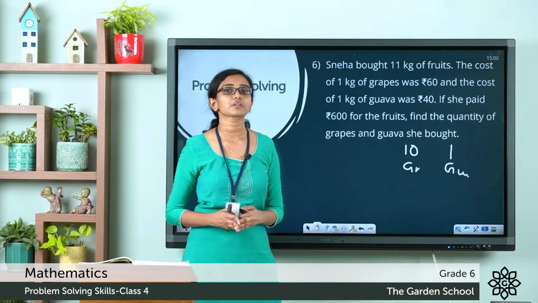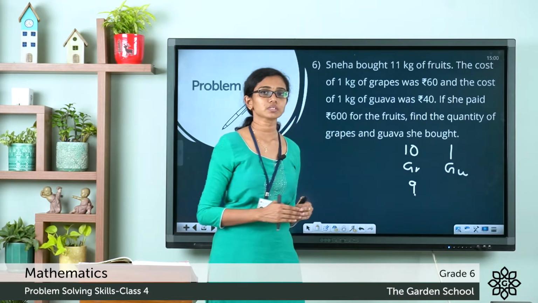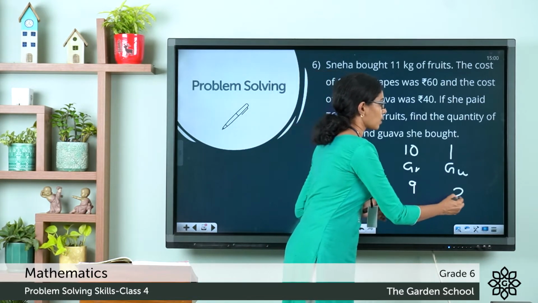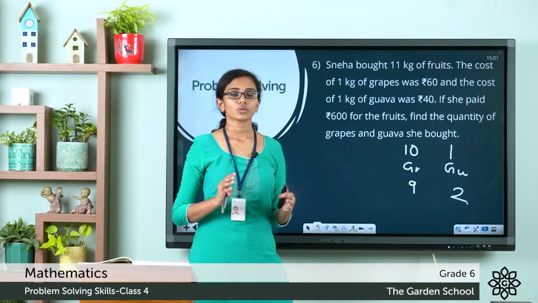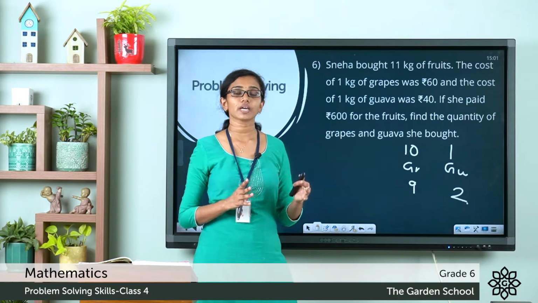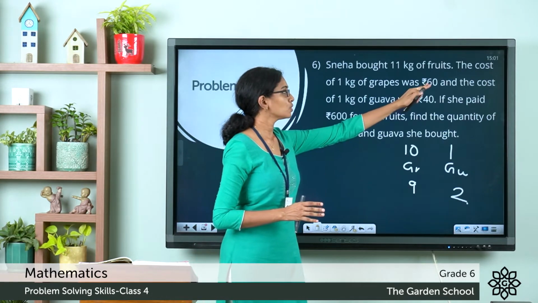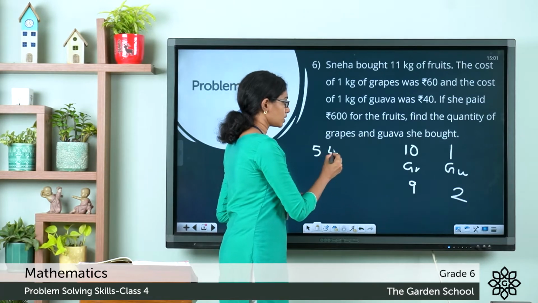Let's take the next possible combination. What if she bought 9 kg of grapes and then 2 kg of guava? So together they will make 9 plus 2, 11 kg. If she bought 9 kg of grapes, what is the cost of that much grapes? That would be 9 into rupees 60, which is equal to 540 rupees.